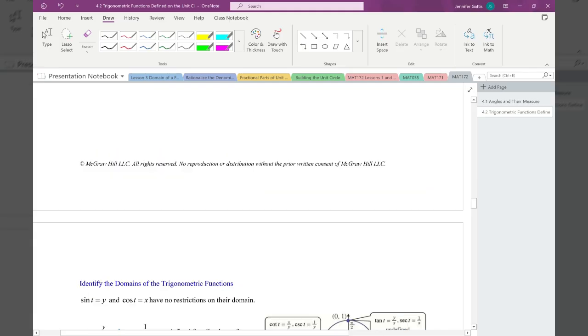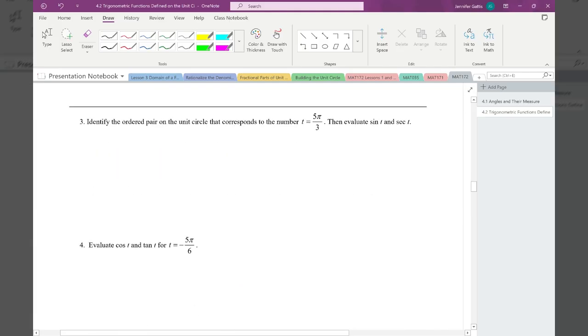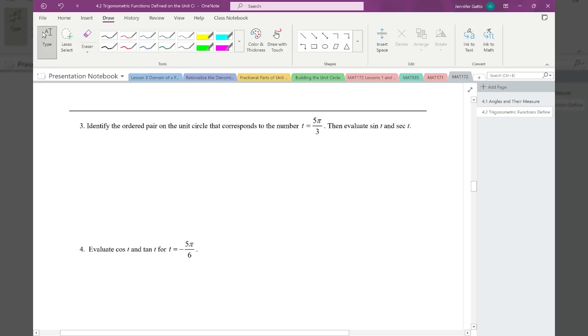So let's come back and look at these examples. We want to identify the ordered pair on the unit circle that corresponds to the number t equals 5 pi over 3, and then state what sine and secant are. So take a look back at your unit circle that you filled in and find 5 pi over 3.